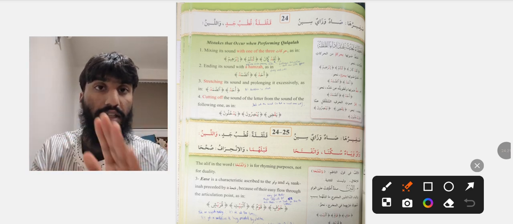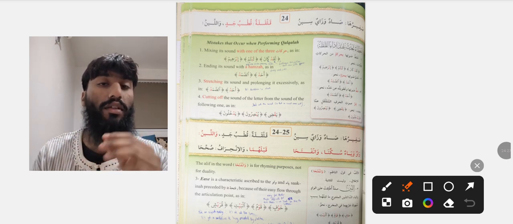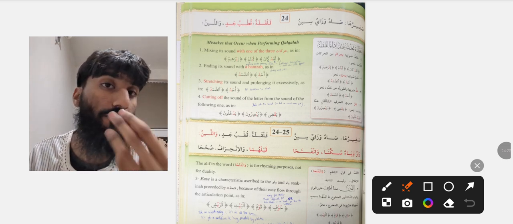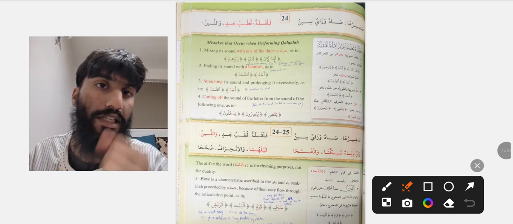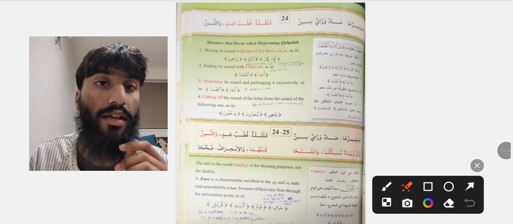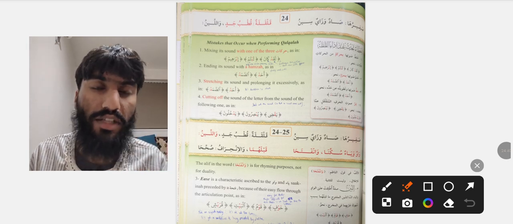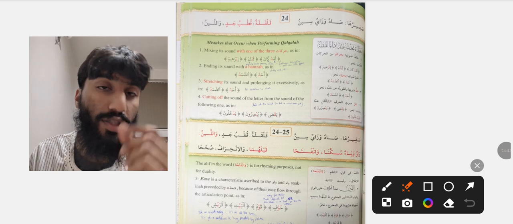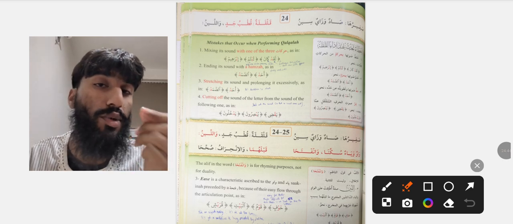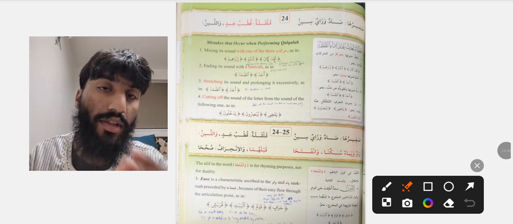Any more than that is not natural, and it's not what qalqala is for. It's there so you can move to the next letter easily. لقد كان, not stretched, right? No, that's completely wrong. It's only there to make the sound flow, so it's easy to go to the next letter. Otherwise, without qalqala, it would be hard.